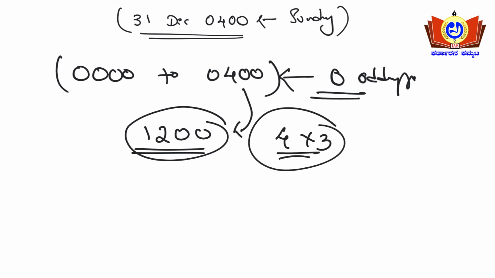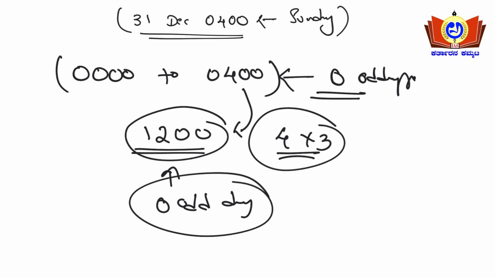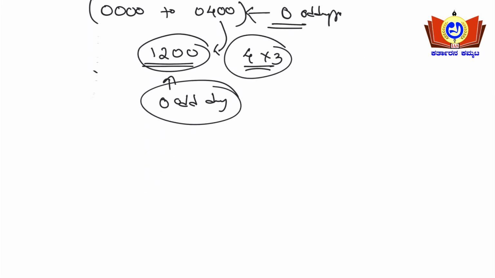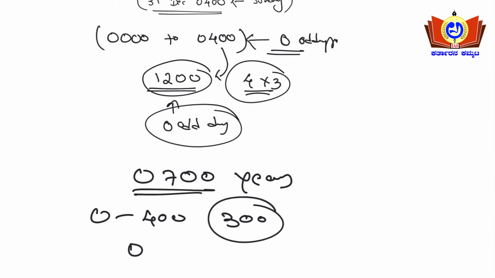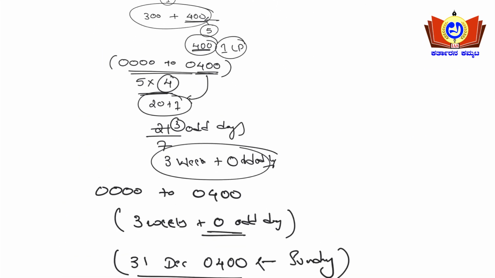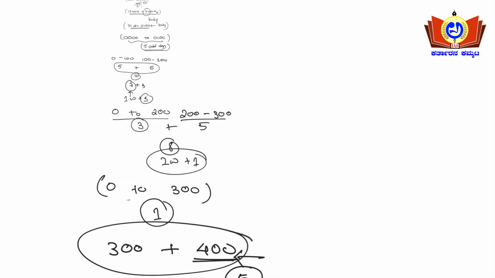So it's nothing but 1200 will have 0 odd days. If the question asks you to find the 700th year, how many odd days will be there? So 0 to 400 we will have 0 odd days. After 400, 300 extra are there. Yes or no? We calculated above here, right? See, 300 I'll calculate it here, I guess.